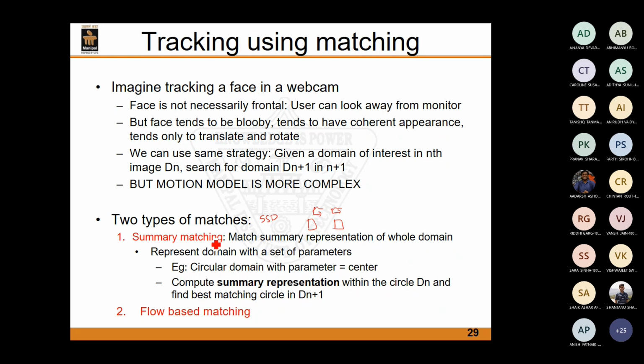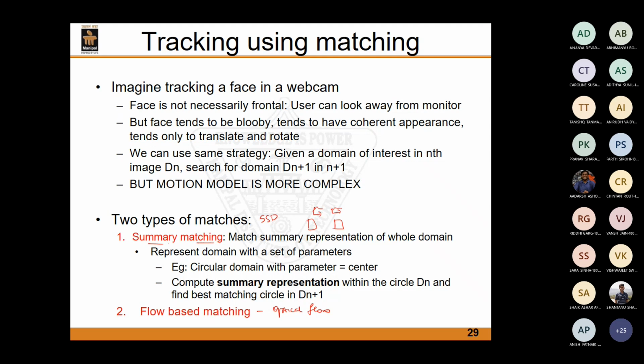Such matching, where you are not directly taking the images but making use of a summary representation for such images, is what we call summary matching. Another type of method is flow-based matching, which is also called optical flow. These two are important and we'll see this in the next class.